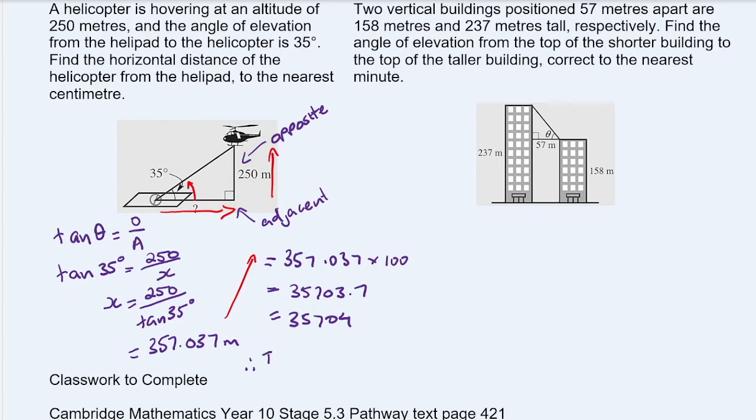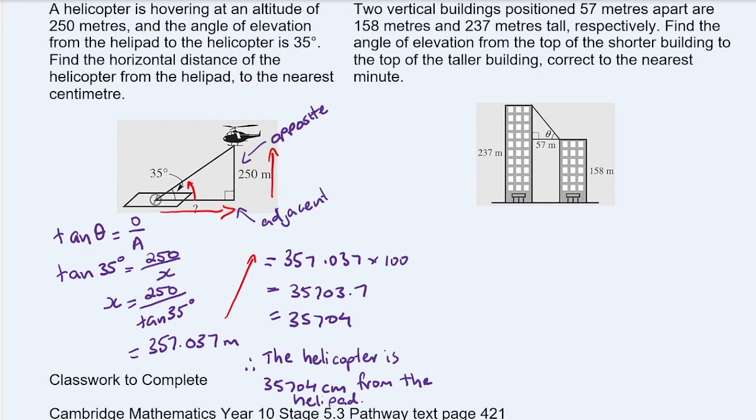So the helicopter is 35,704 centimetres from the helipad. So that's how we go through the problem. Make sure you're labeling diagrams appropriately so we can see what's going on.